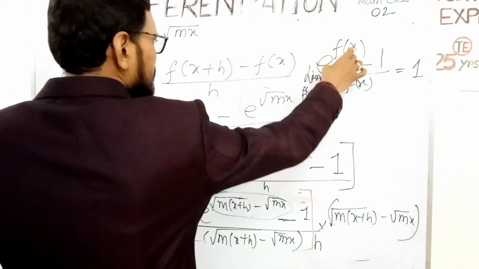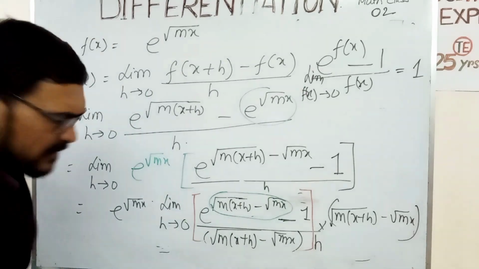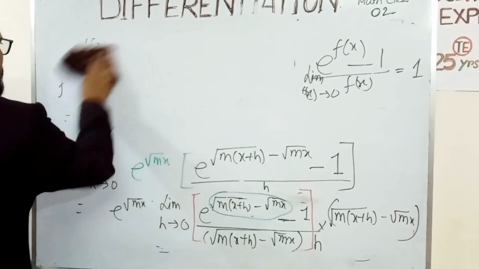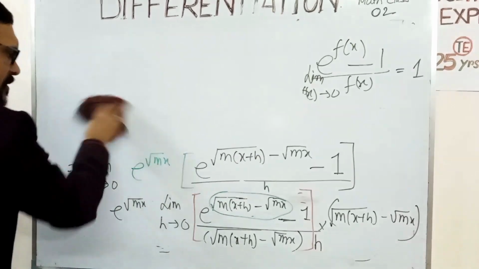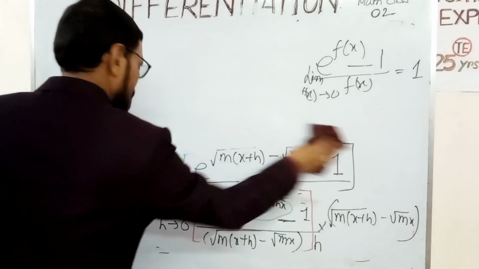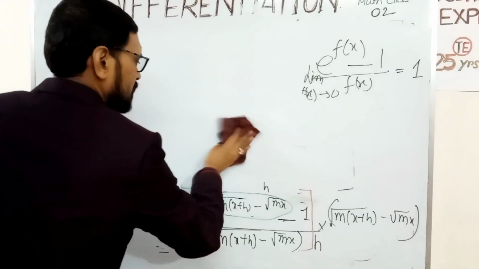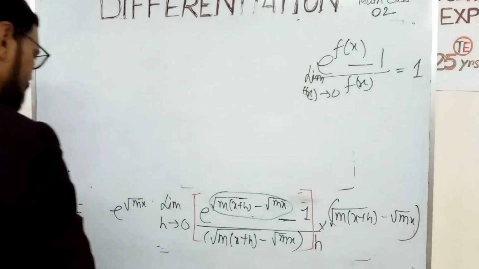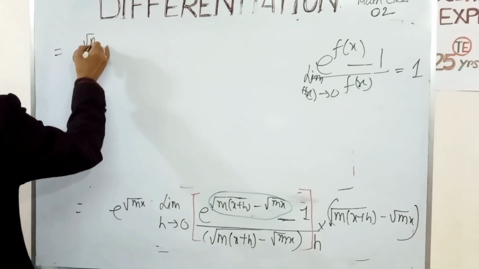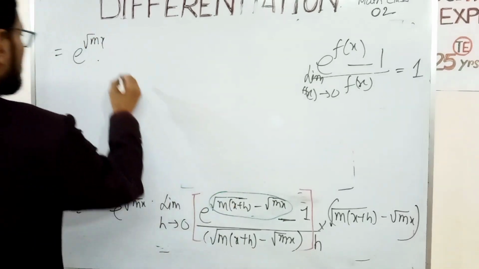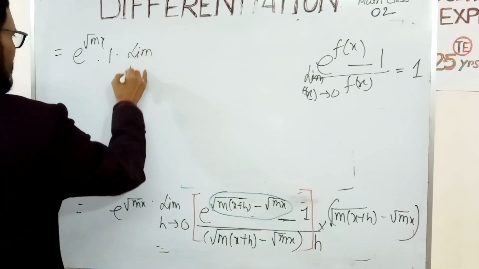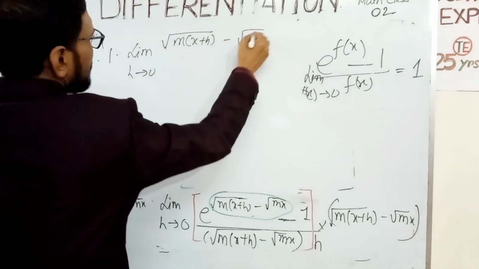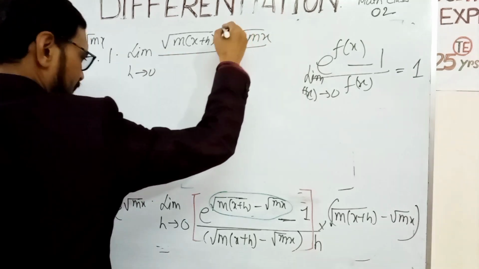So we now apply this formula here. What is the value of this? This value will be e to the power root over mx into 1 and the limit of root over m of x plus h minus root over mx by h.